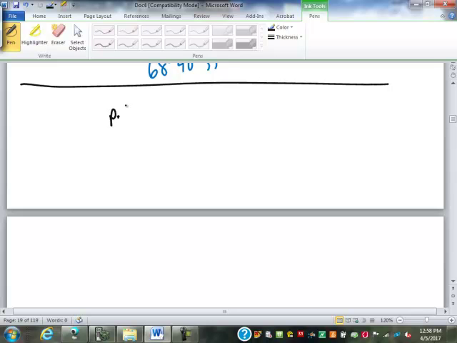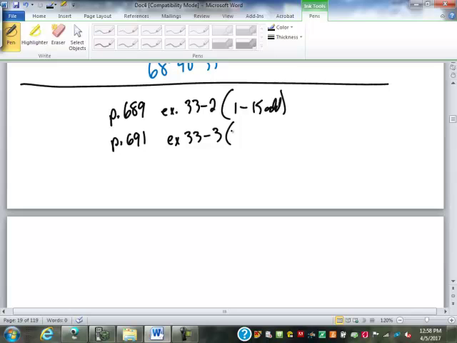In this new packet, it's going to be page 689, exercise 33-2, 1 through 15, the odds. Page 691, exercise 33-3, 1 through 9, the odds.